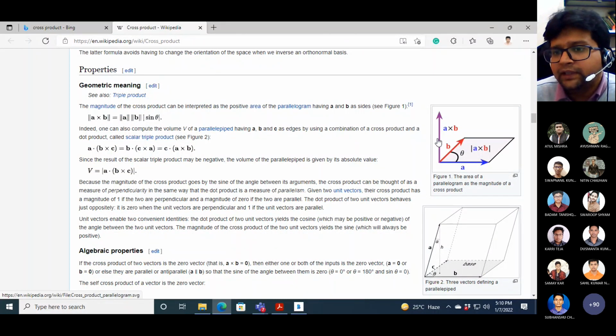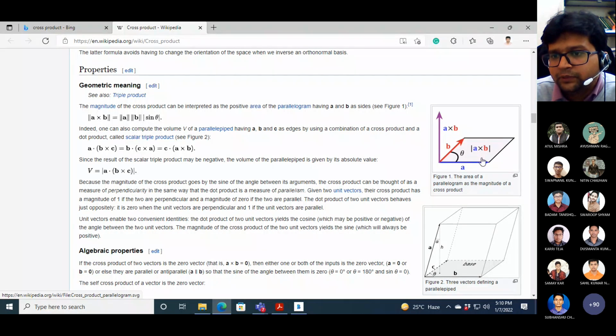The cross product is basically the area of this triangle, and the direction of the area is the direction of the vector. You have a vector and b vector, and a cross b means basically the area.